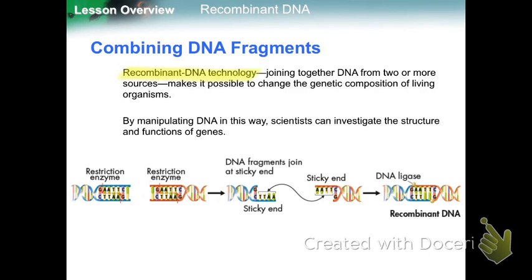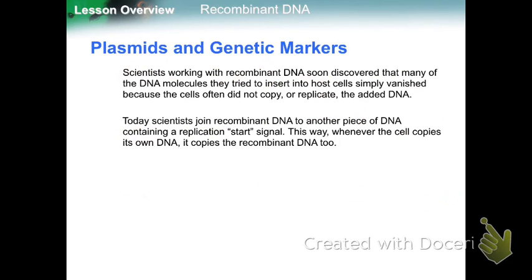Recombinant DNA technology changes the genetic composition of living organisms. By doing this, scientists can look at the structure and functions of genes. Scientists who were researching recombinant DNA found out that many of the DNA molecules they inserted just vanished because the cells didn't copy the added DNA.